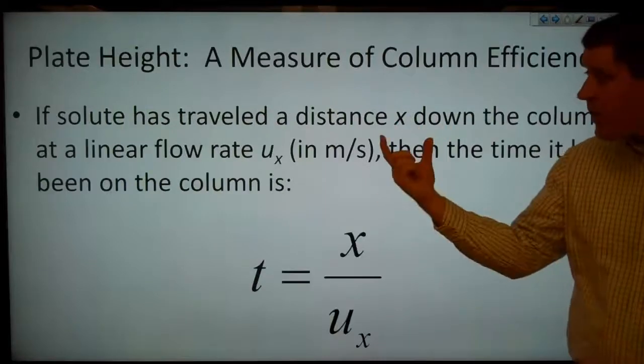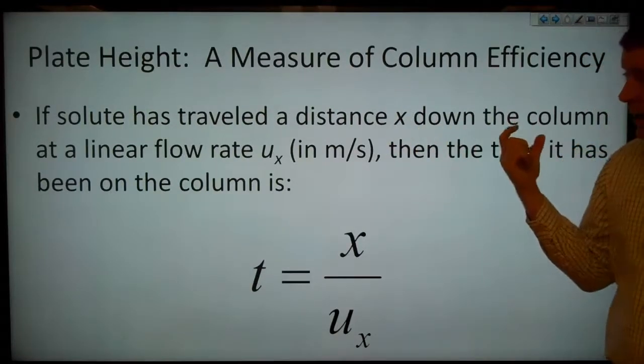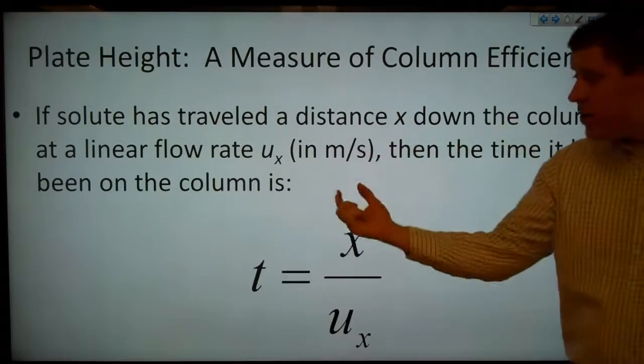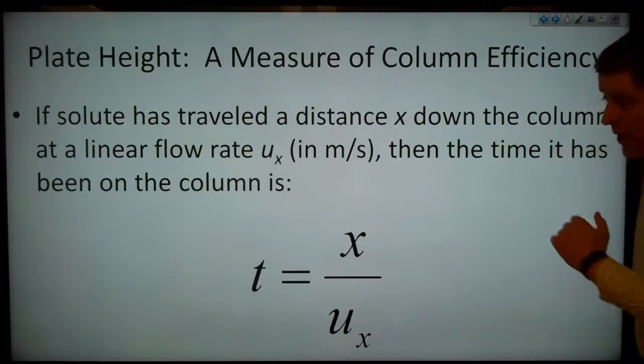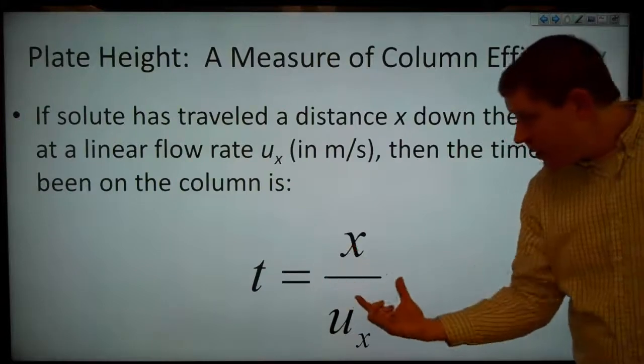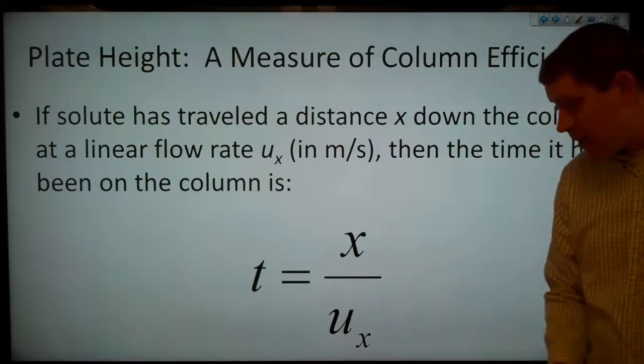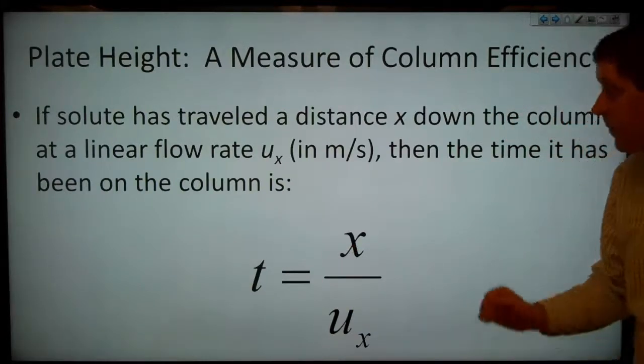And if a solute has traveled the distance x down the column at a linear flow rate u_x in meters per second, then the time it has been on the column is t equals x divided by u_x.